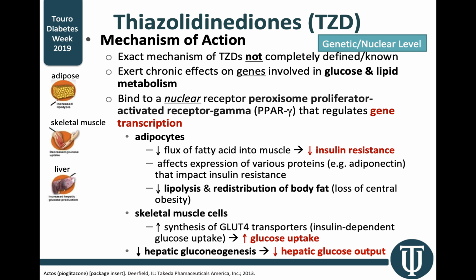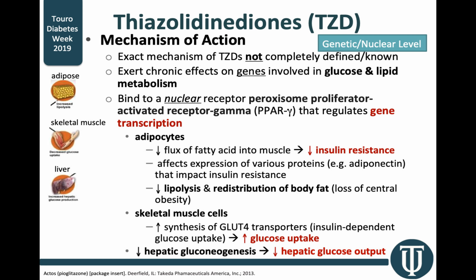So they bind to a nuclear receptor called PPAR gamma. PPAR stands for peroxisome proliferator activated receptor gamma. And this receptor would regulate the gene expression, the gene transcription.